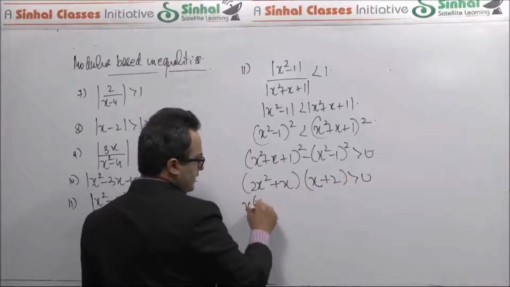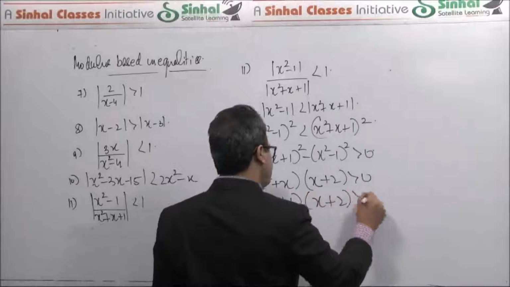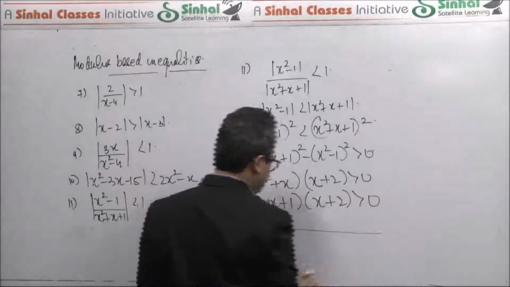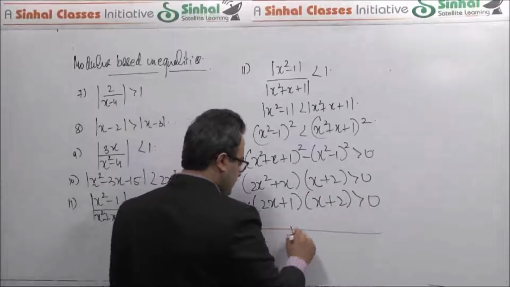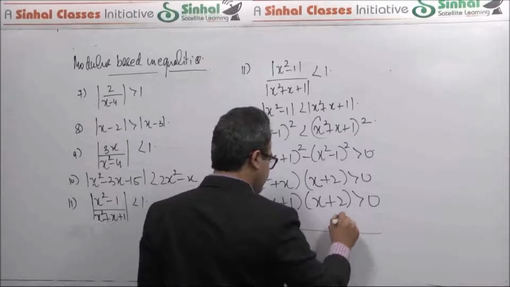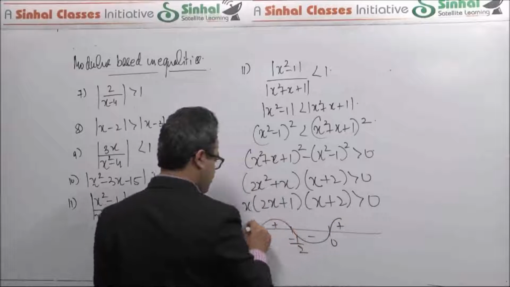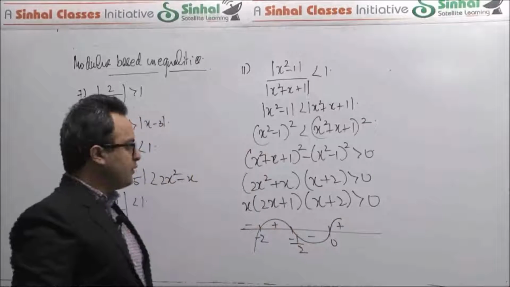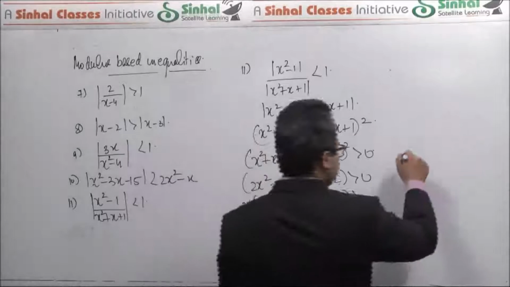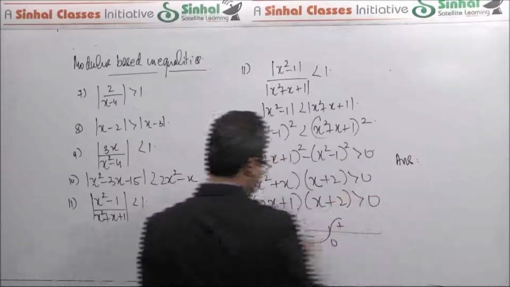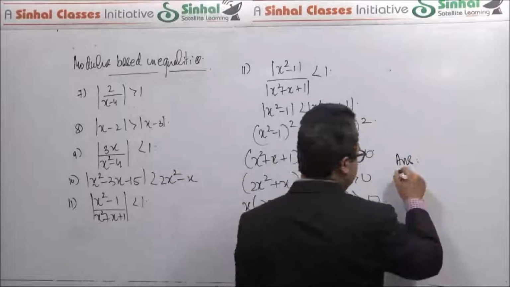So we get x into 2x plus 1 into x plus 2 is positive. Again, wavy curve method. Critical points are -2, -half, 0. You want the expression to be positive, so the wave should be above the axis. So the final answer should be between -2 and -half, or from 0 to infinity.